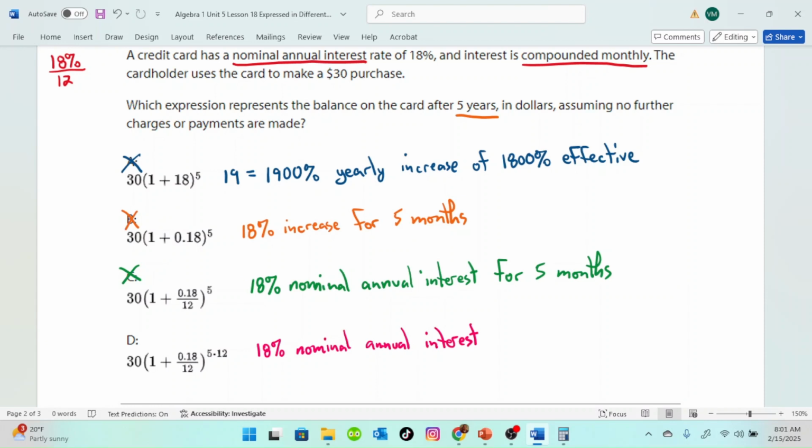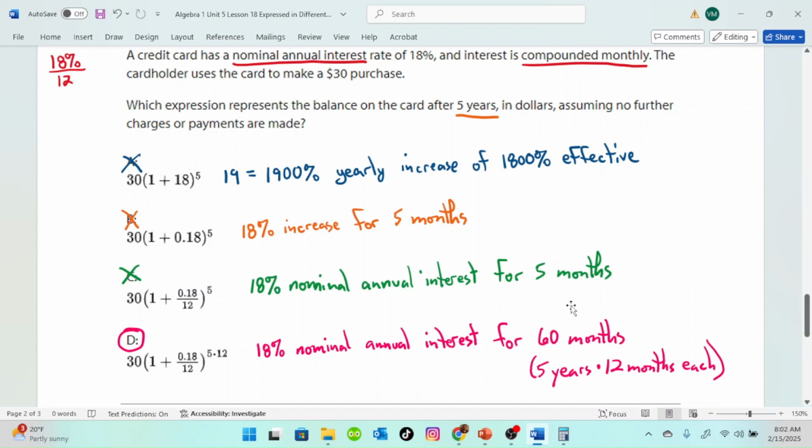And then they take the 5 years and they multiply it by the 12 months so that we get the 60 months of compounded interest. So this would be the correct way to represent this situation.